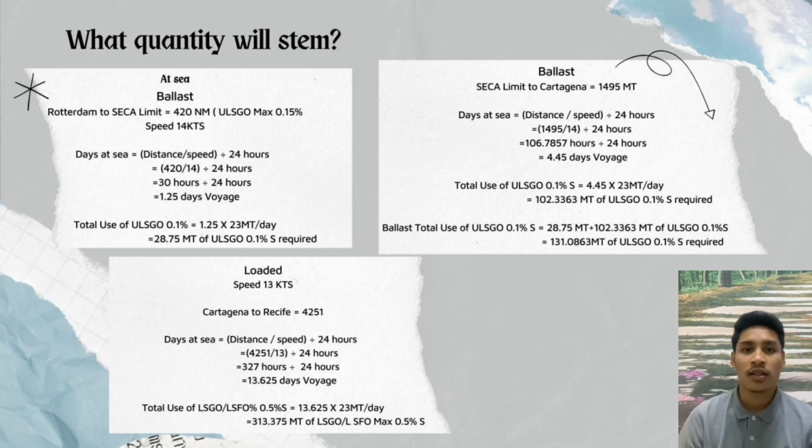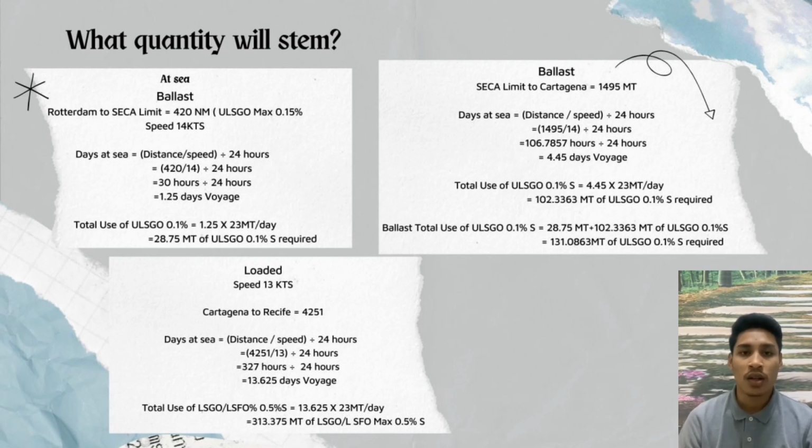Okay, so lastly is loaded, speed with 13 kts and distance is Cartagena to Recife with 4,251. So days at sea, distance divided by speed divided by hours, we will get 4,251 divided by 13 and divided by 24 hours, we will get the result is 13.625 days voyage.